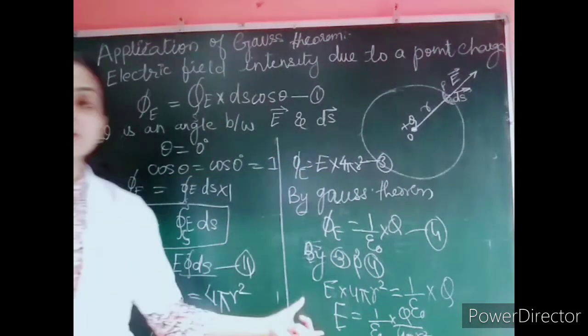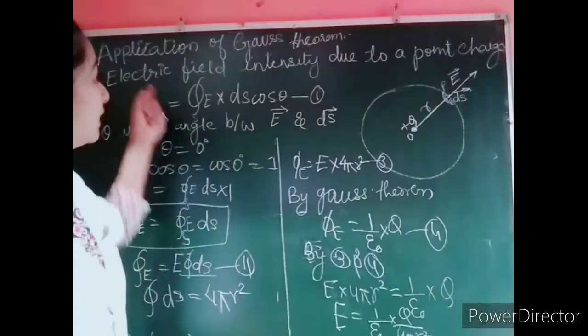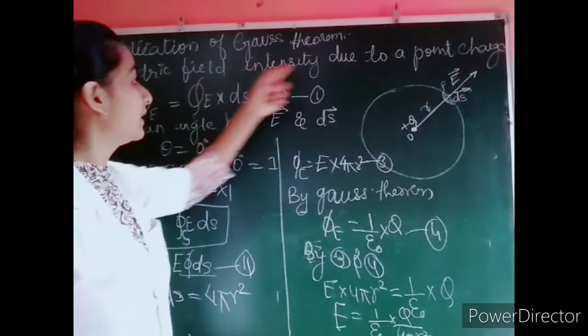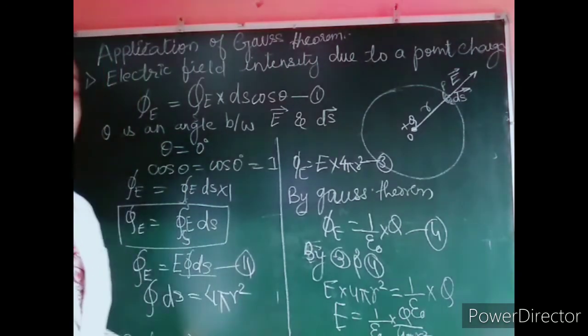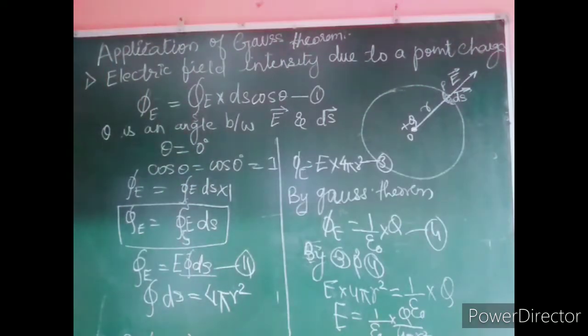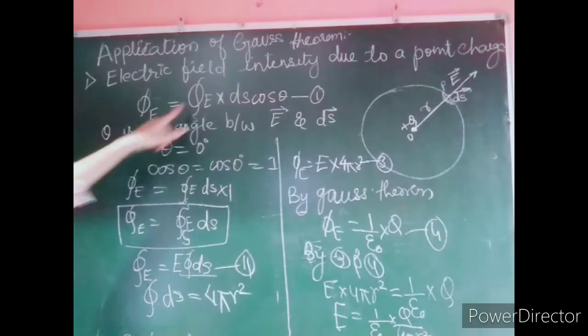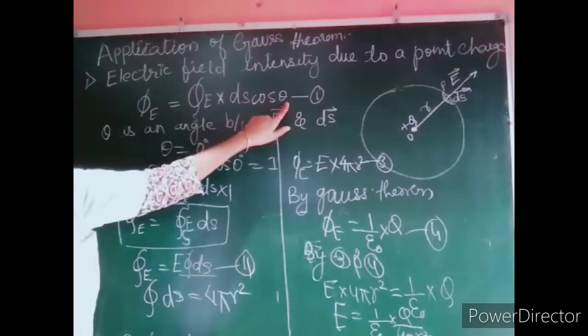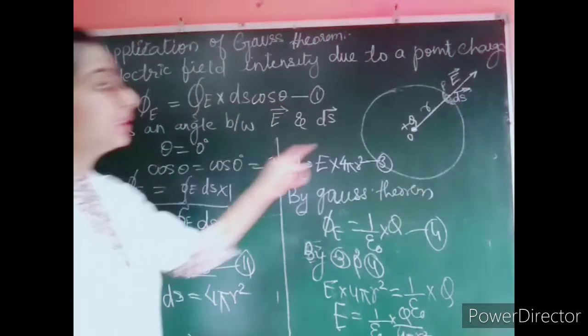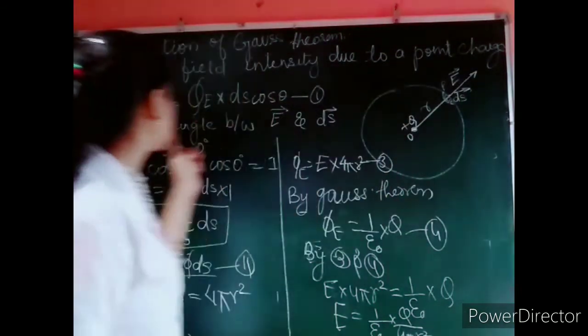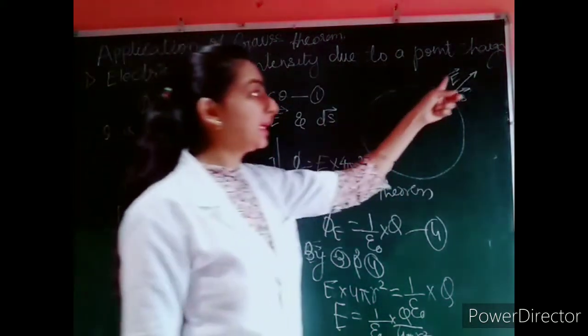This is our electric field intensity due to a point charge. Now we have taken electric flux is equal to integral of E into ds cos theta. This is our equation number 1. Now we have taken theta, that is the angle between intensity E and ds.